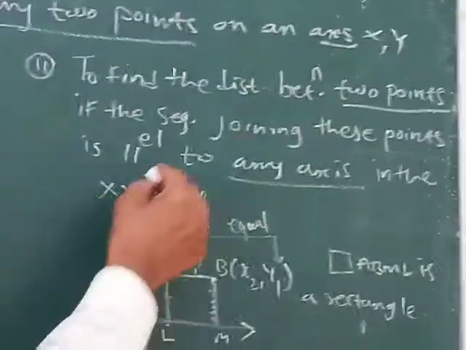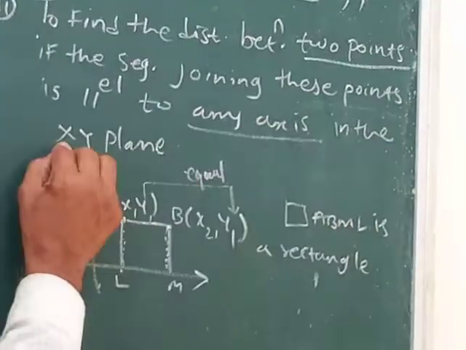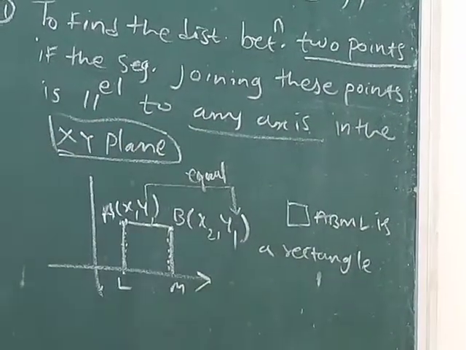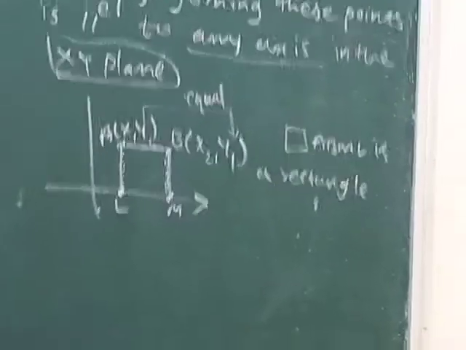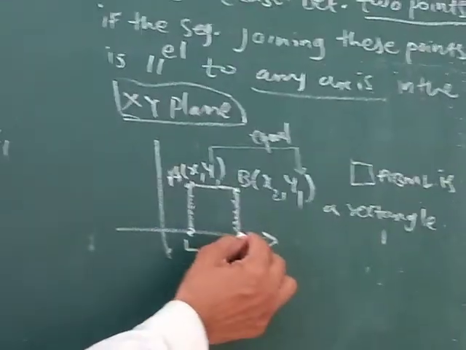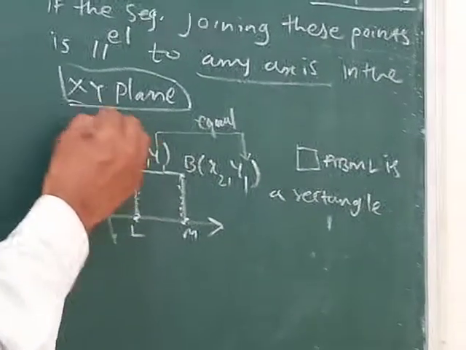Similarly, consider the case where the segment joining these points is parallel to an axis in the xy plane. Observing the last diagram, it shows the points A and B, and also the points L and M. These are other points in the xy plane.